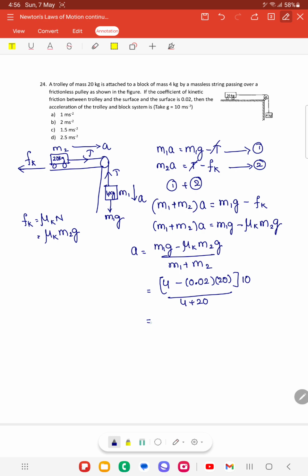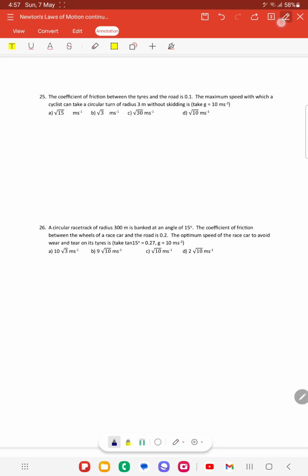So we have 3.6 into 10 divided by 24, which is nothing but 36 by 24, which is 3 by 2, that is 1.5 meter per second square. So option C is the right answer.